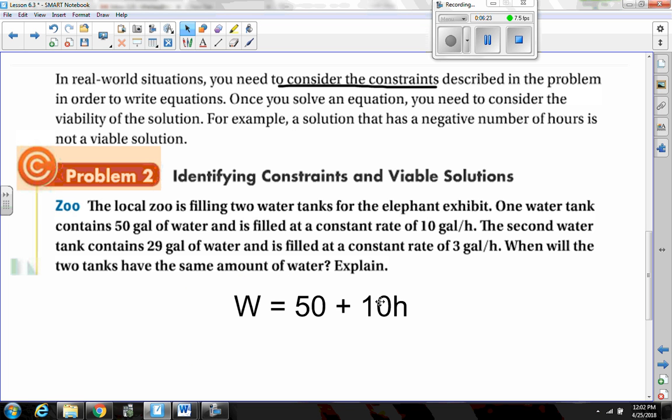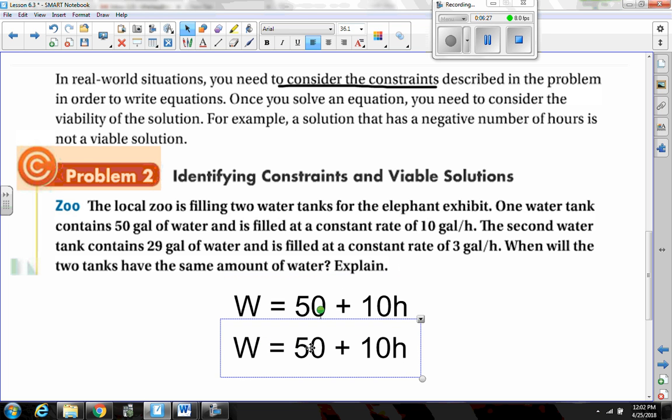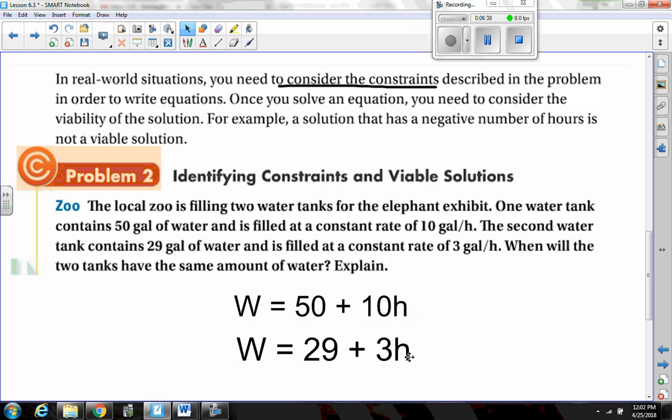Okay. The other tank in the elephant cage is currently holding 29 gallons of water, and that one's being filled by a smaller hose that's only getting 3 gallons per hour, right? So again, I have a system of equations here.